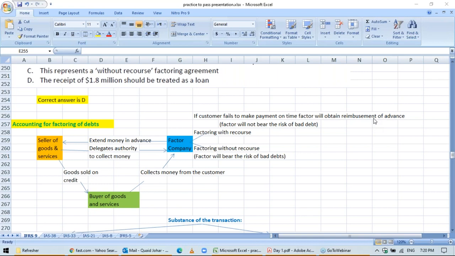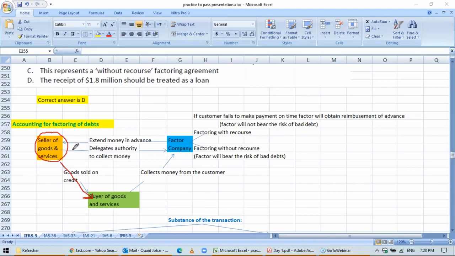Now what happens is that a seller of goods and services sells goods on credit to the buyer and he records the receivable. Now what happens? He needs money. The seller of goods needs money.